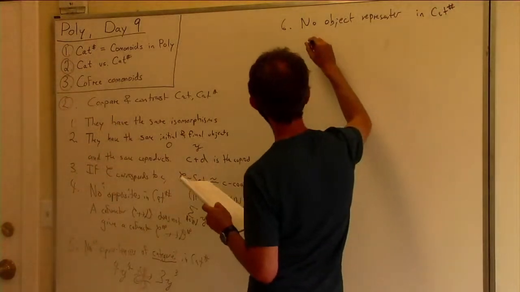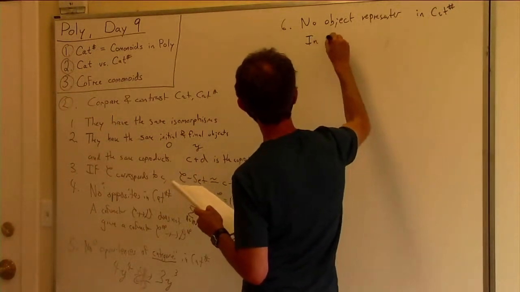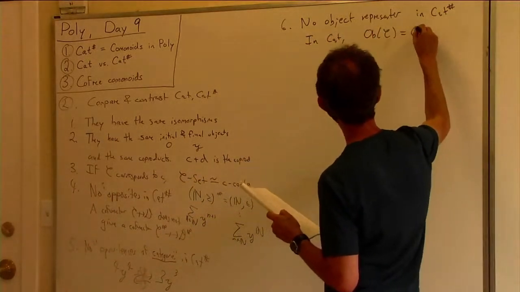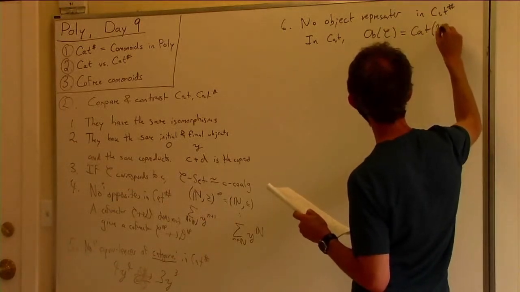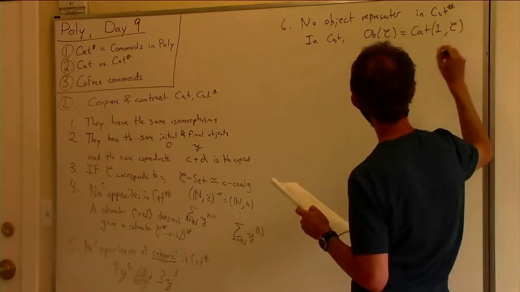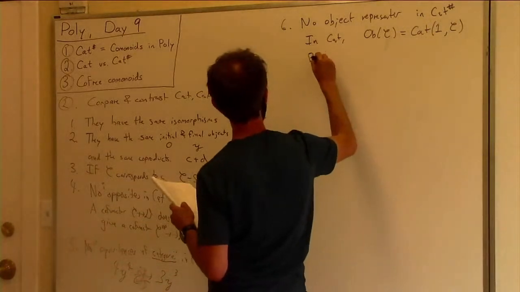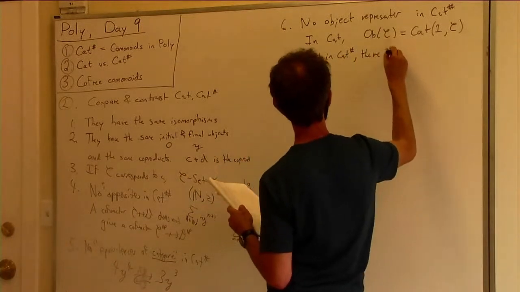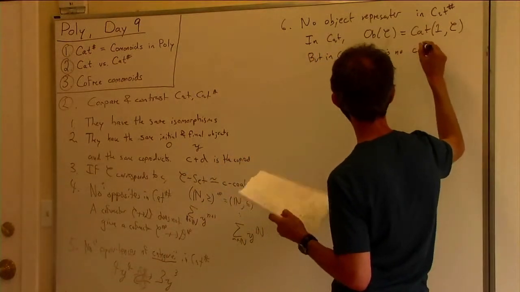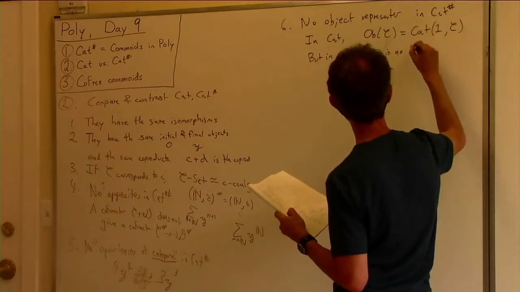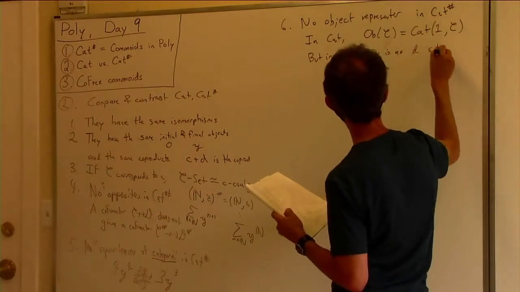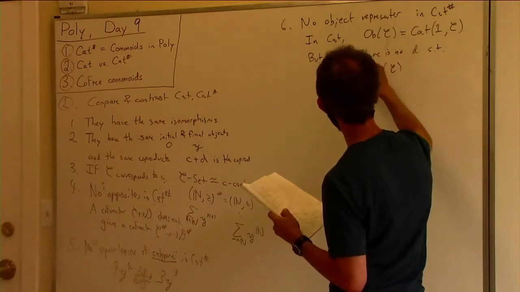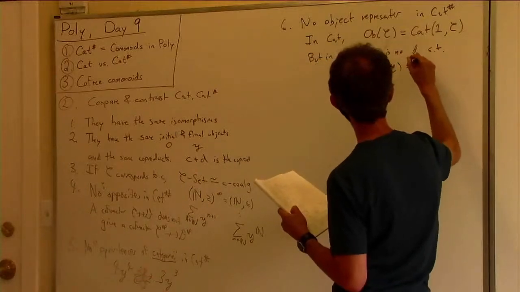What I mean by that is, in Cat, we have that Ob C is functors from the one-object category to C. But in Cat sharp, there is no D such that Ob C, which is C of 1, by the way, would be represented.